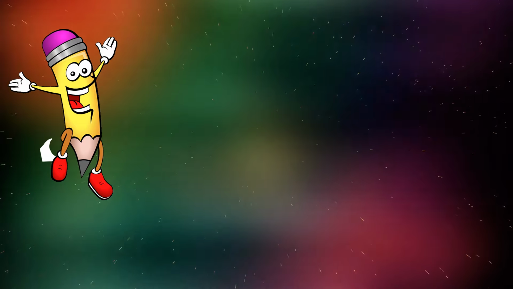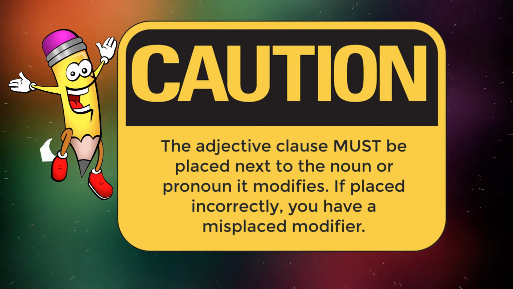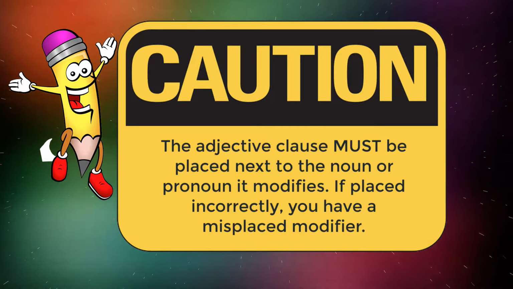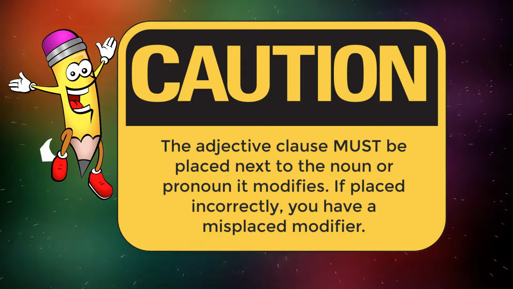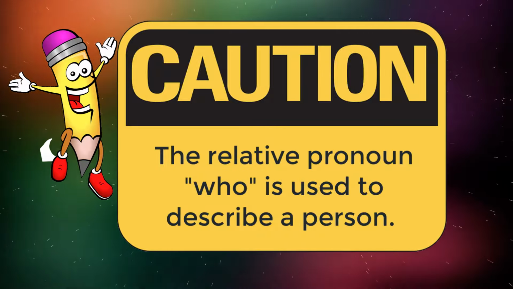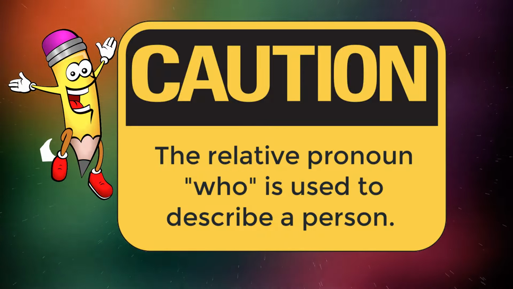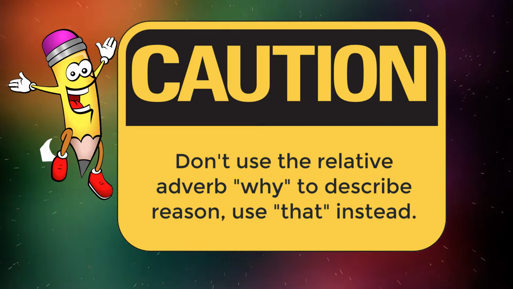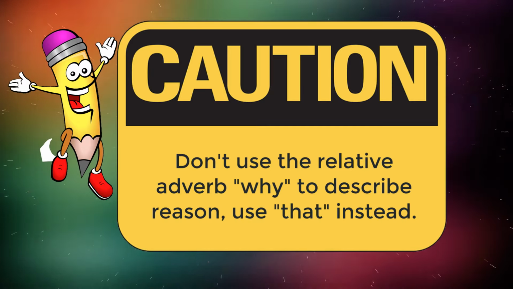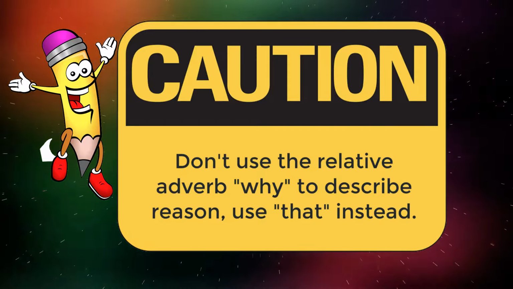Some things to remember before we end the lesson: the adjective clause must be placed next to the noun it modifies. If it is placed incorrectly, you will have a misplaced modifier. Remember that the relative pronoun who is used to describe a person. Don't use the relative adverb why to describe reason. You don't say it's the reason why. You wouldn't say that.